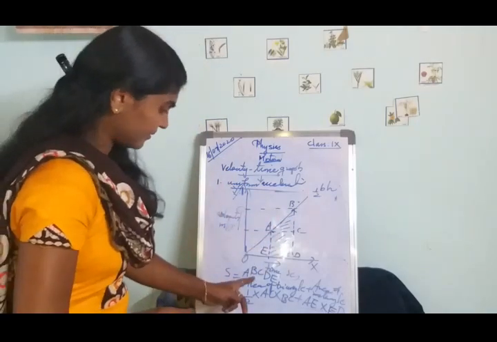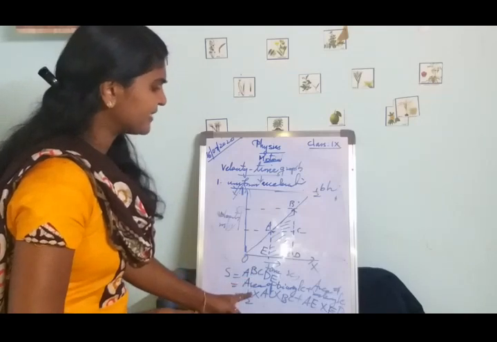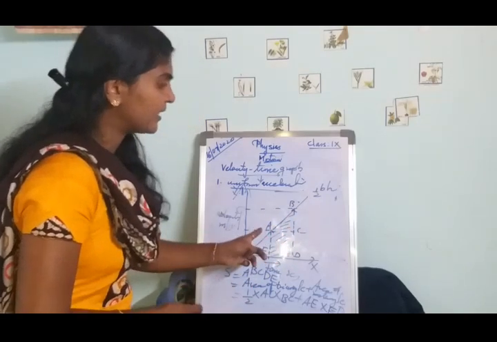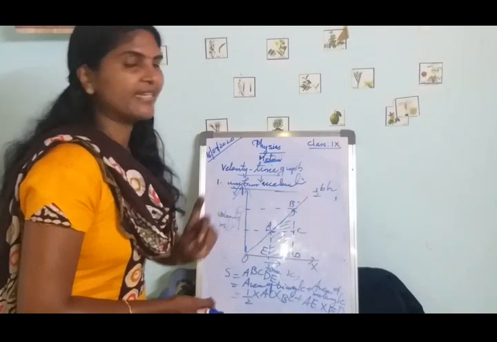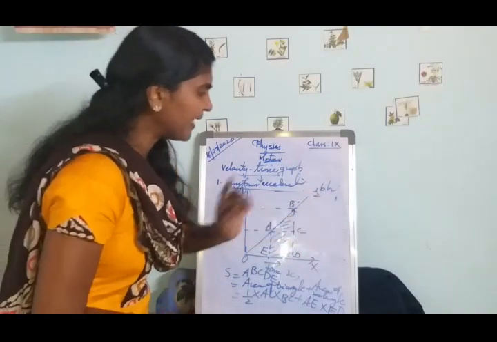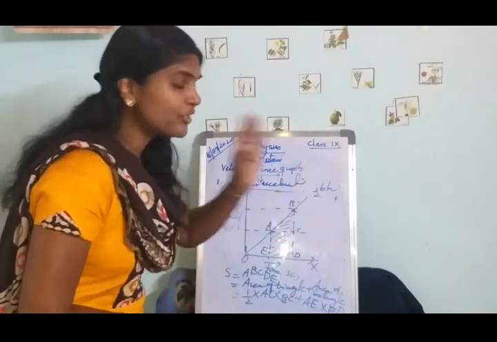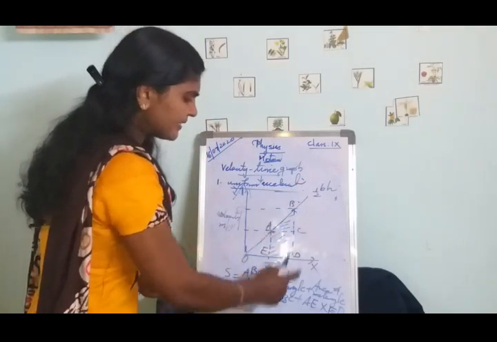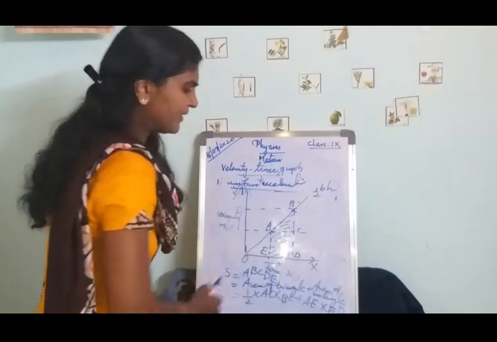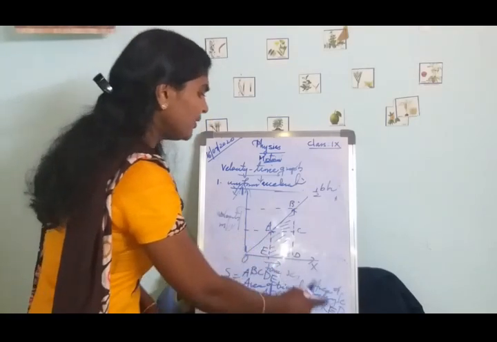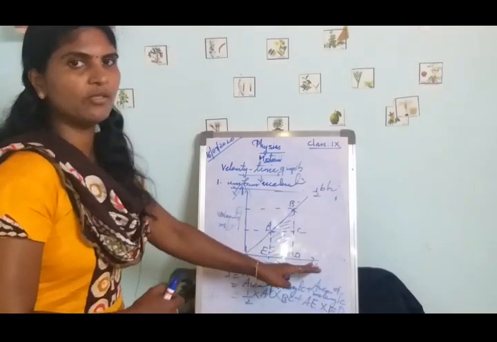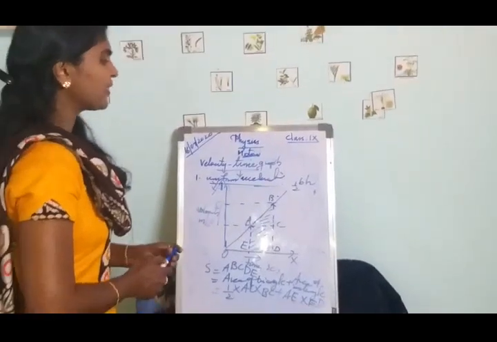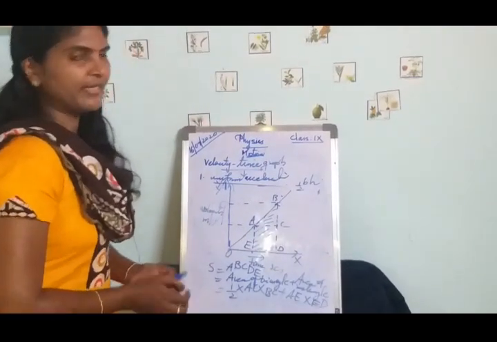The triangle is a right angle triangle, and its area is half BH, half into base into height. So half into base AC, height BC, plus the area of the rectangle, AE into ED. That is equal to the distance travelled or the magnitude of displacement.